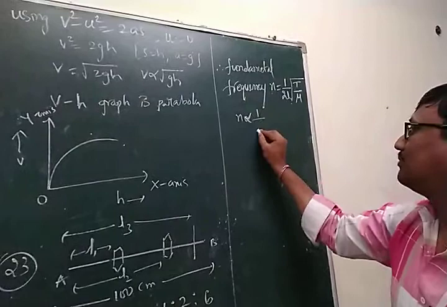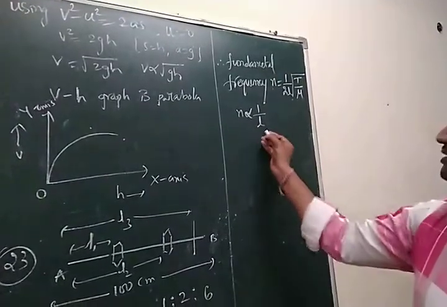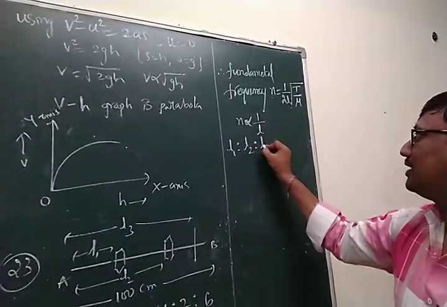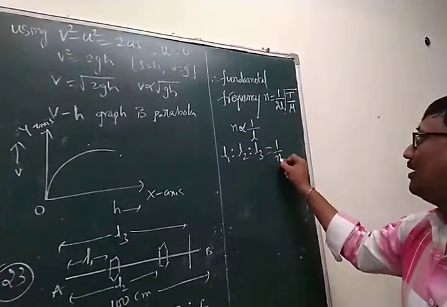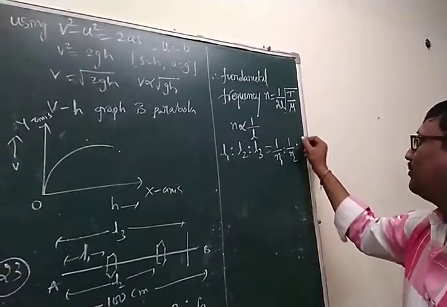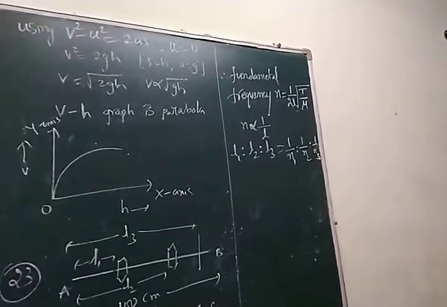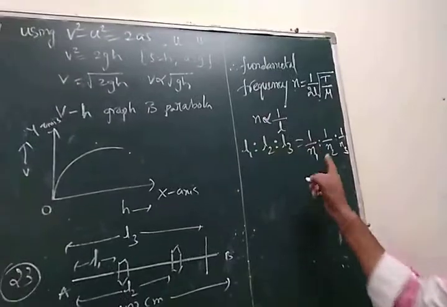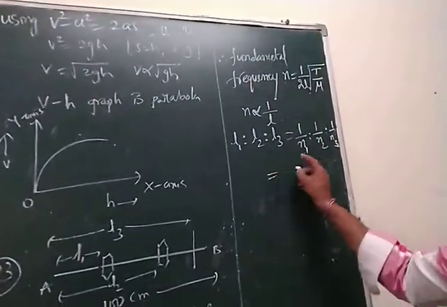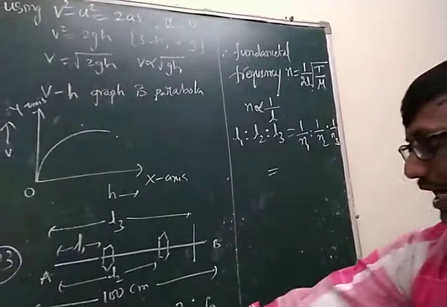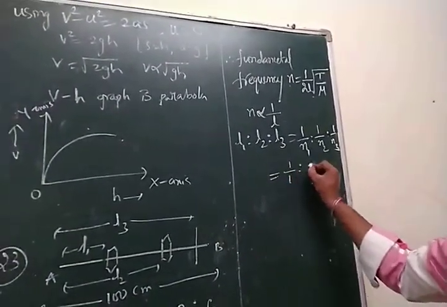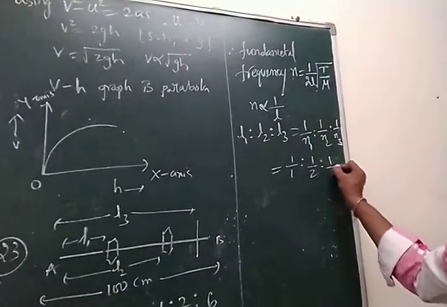Write the ratio L1 is to L2 is to L3 is equal to 1 by n1 is to 1 by n2 is to 1 by n3. Because n is taken this side, we can write here the values n1, n2, n3: 1, 2, 6. Write 1 by 1 is to 1 by 2 is to 1 by 6.